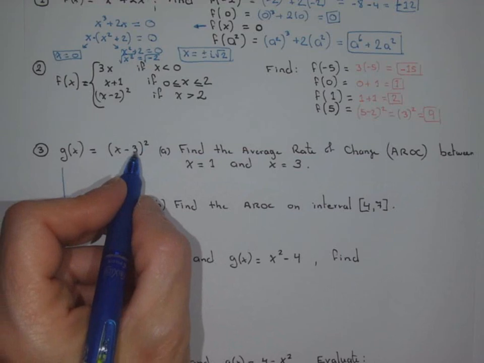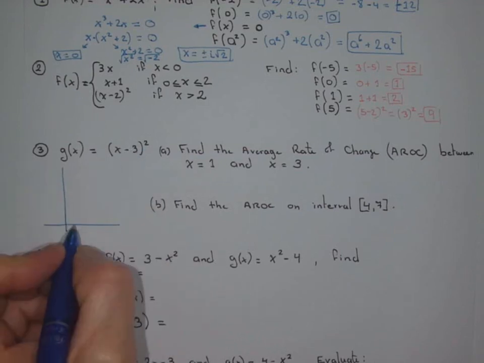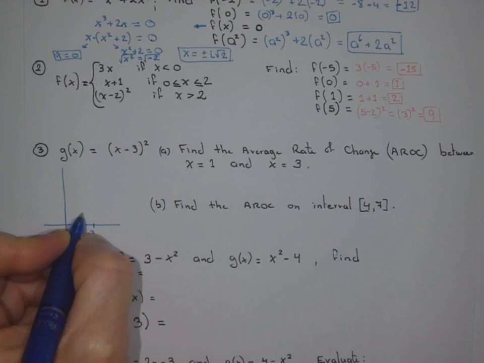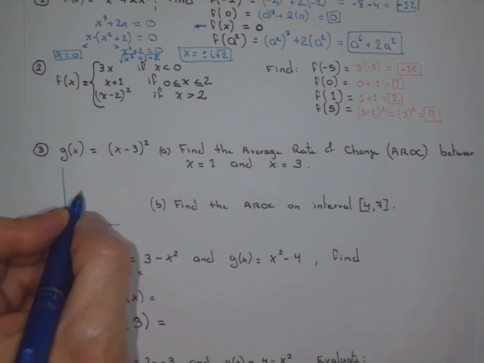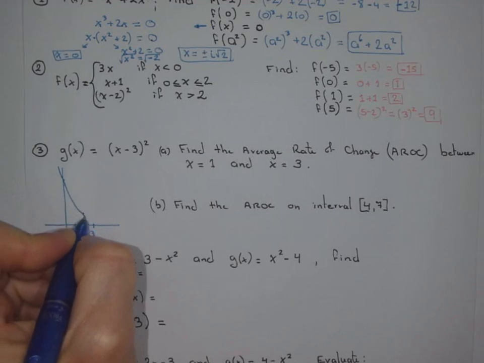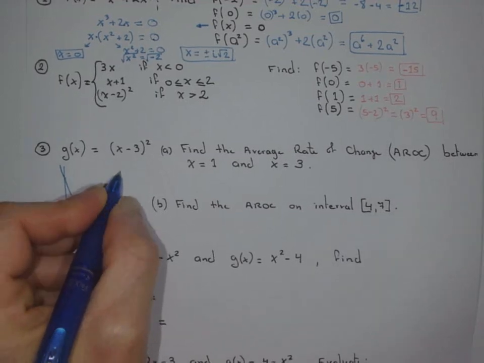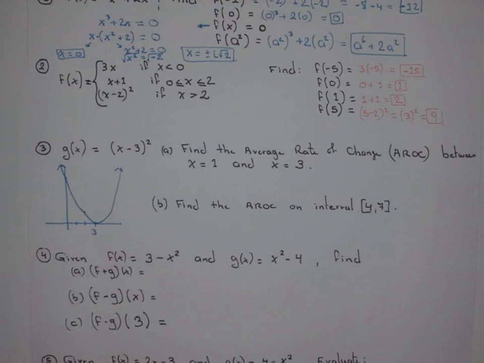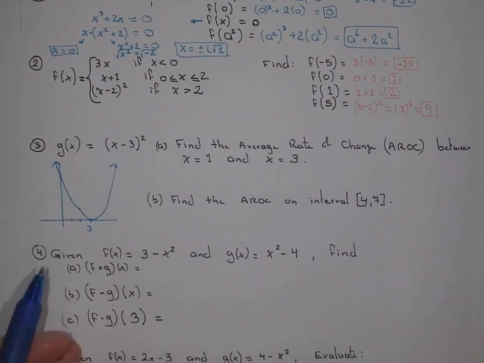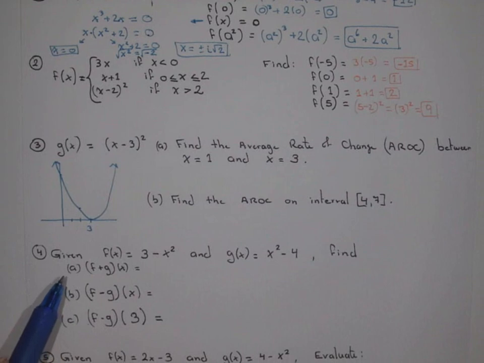this is a translation to the right by 3, so that will be a quadratic. That would look like that. Okay, it's not the perfect graph, but forgive me for that. I don't have a grid here, but it will be a quadratic that looks like this.